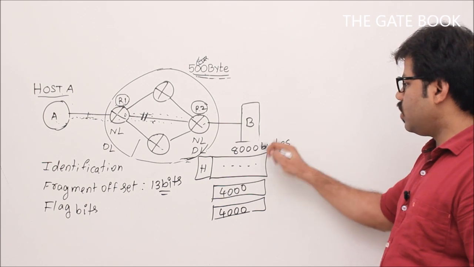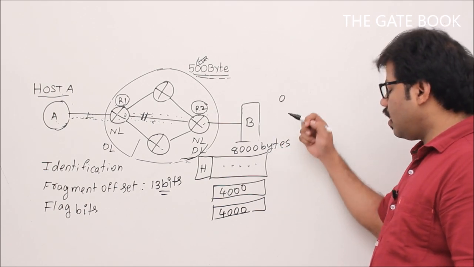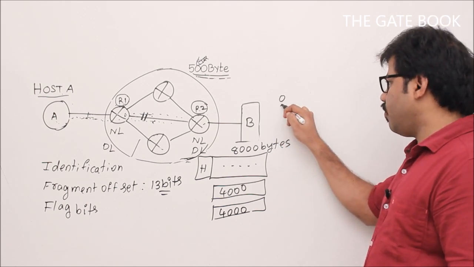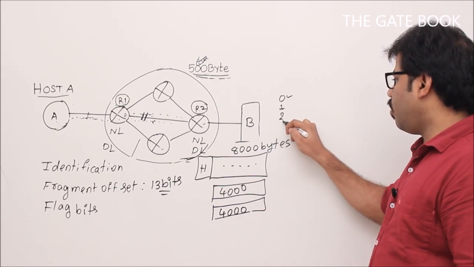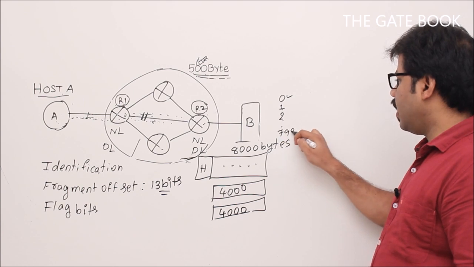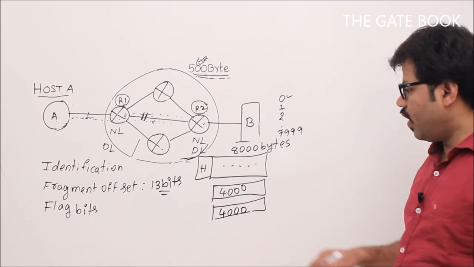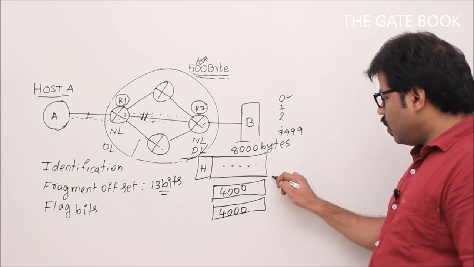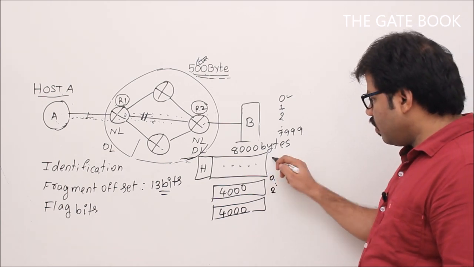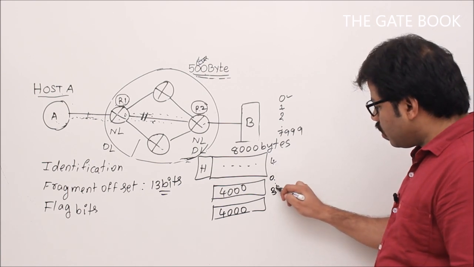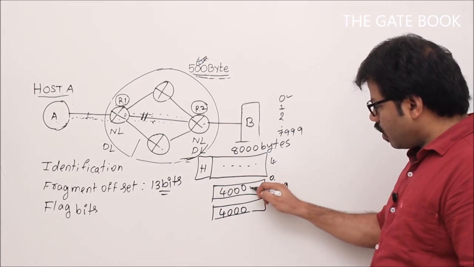You have 8000 bytes initially, and I can represent all those bytes with numbers. Logically, I can say byte 0, byte 1, byte 2, up to byte 7999, correct? If I divide that into two parts, the division is 4000 each, right? So bytes 0 to 3999 are going to come here.